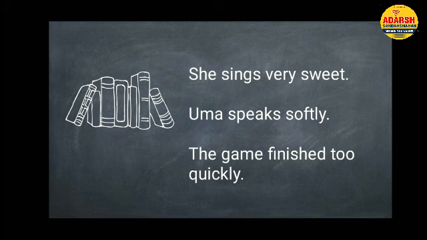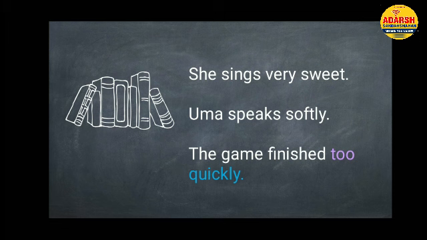Here we have our next example which is explaining how an adverb describes another adverb. So here you can see we have two adverbs which are too and quickly. Quickly is describing how the game finished and too is describing quickly.